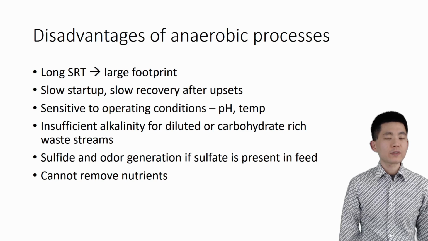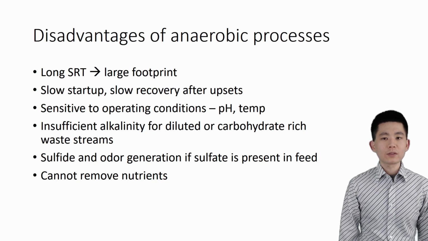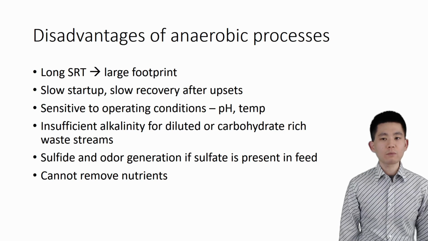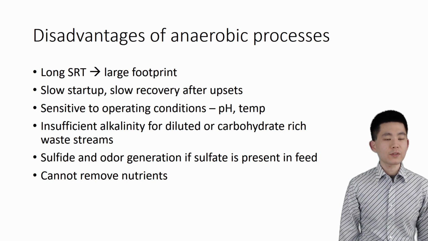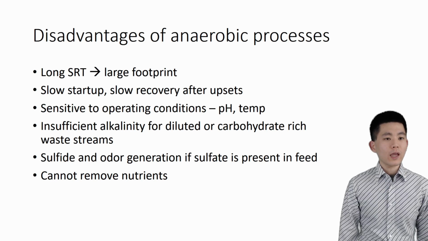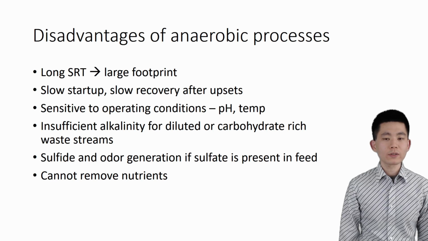If sulfate is present in the waste stream, it can be reduced to sulfide during anaerobic processes, causing corrosion and odor issues. Finally, neither nitrogen nor phosphorus can be removed via anaerobic processes alone. Although the anammox reaction happens anaerobically, it also requires partial oxidation of ammonia to nitrite.